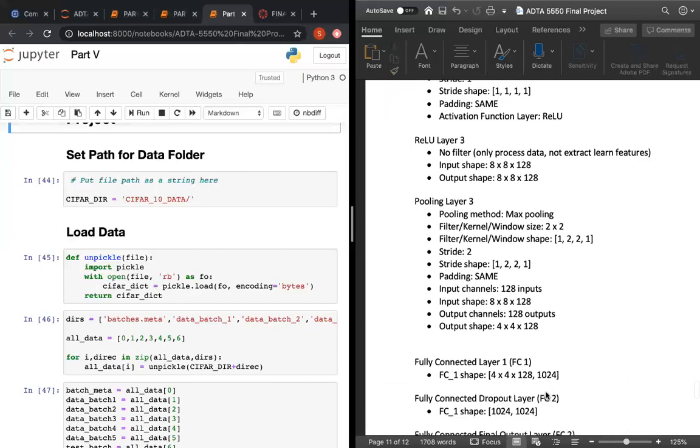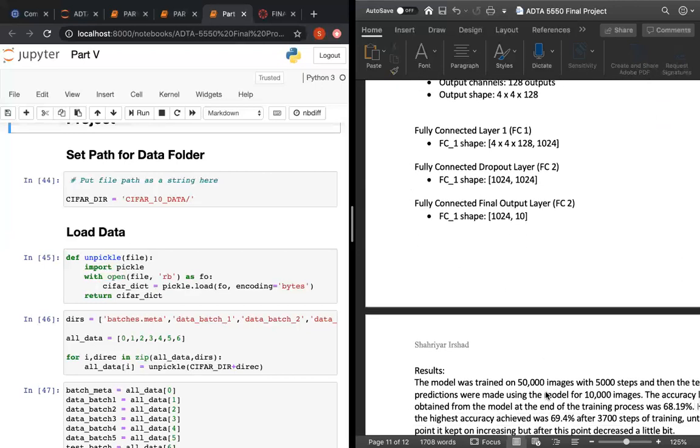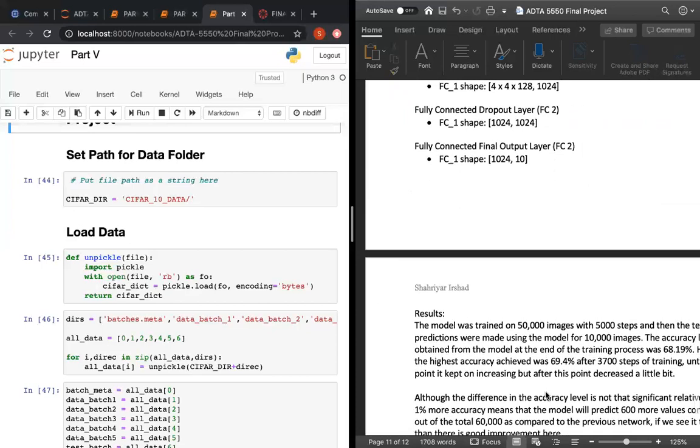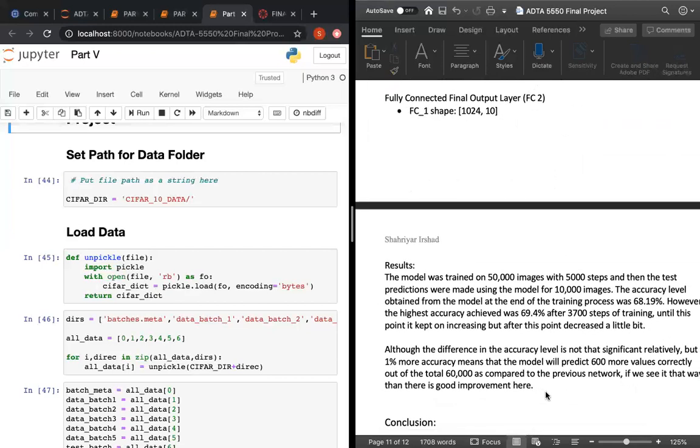Although I did not see any significant improvement in terms of accuracy level, I would say relatively significant improvement, I did see some improvement by adding this convolution layer. So the accuracy level at the end of the training process now was 68.19%. And this wasn't the highest accuracy level throughout the training process. The highest was 69.4%, which was after 3,700 steps of training.